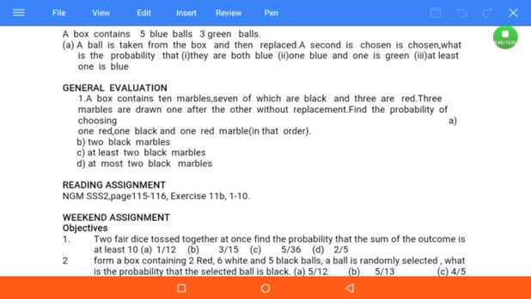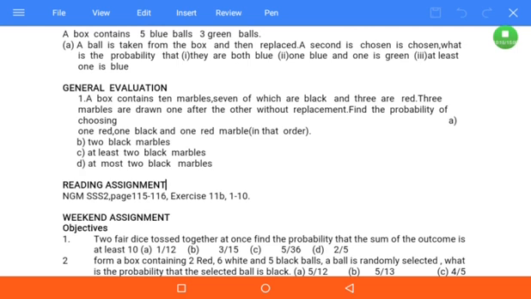Now, when you hear in that order, you don't say either red, black, red, or one red, black. No, when you see in that order, it means you can't rearrange. No arrangement is involved. So don't forget, without replacement. So after picking one red marble, how many red marbles do we have there? 3 are red.